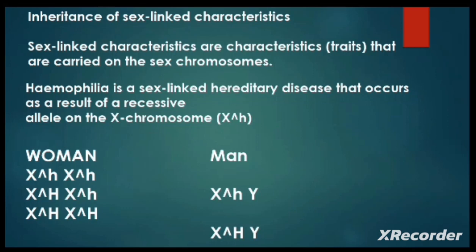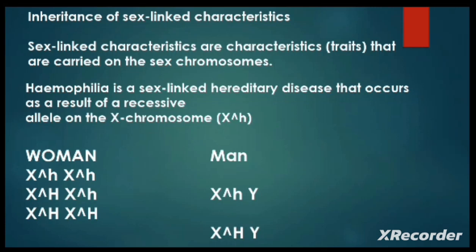So for a man who is affected by this disease, his sex chromosomes would be X exponent small h and then Y. The Y doesn't carry anything, only the X, because this is what sex-linked characteristics or sex-linked diseases are.